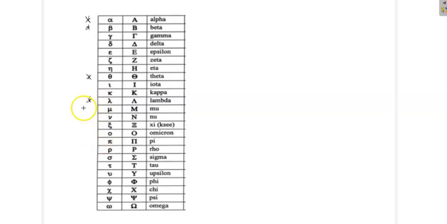And I like to use mu in my senior courses when I teach vectors. Pi, you should recognize pi. Do not use pi as a variable. It is a constant, but they're all there. So alpha, beta, gamma, delta, epsilon, zeta, eta, theta, iota, kappa, lambda, mu, and so on.